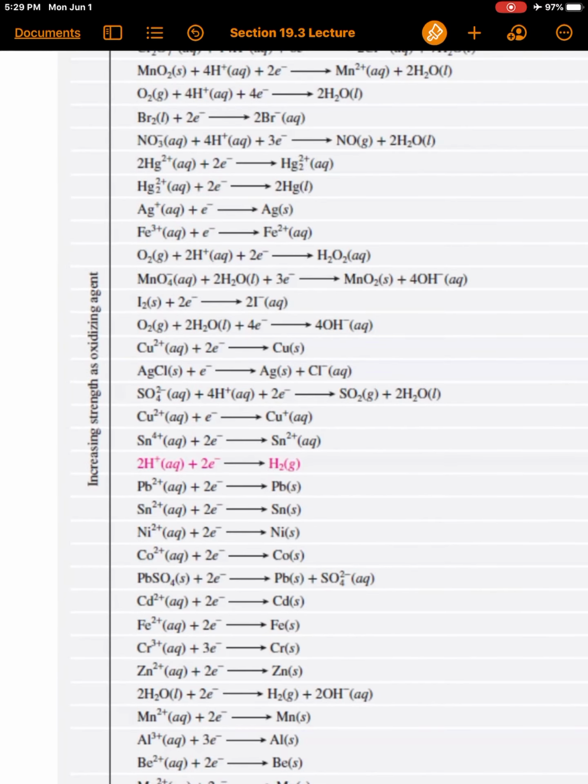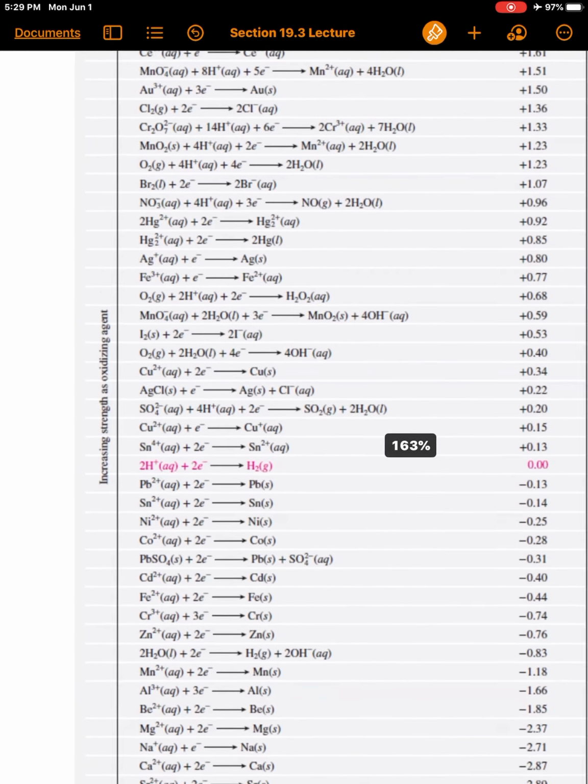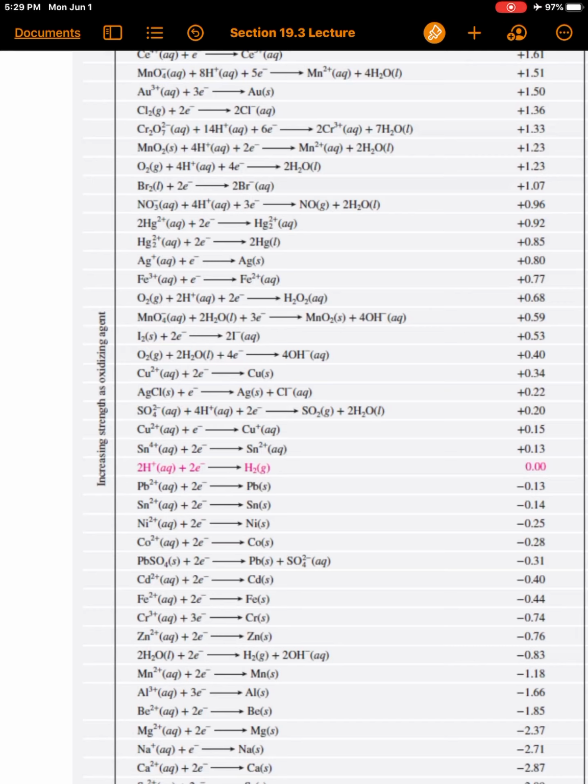hydrogen is there. See? Hydrogen written as a half reaction. And it is given arbitrarily a standard reduction potential of 0 volts. So hydrogen is called 0. So what that means is anytime you connect another metal to it, whatever voltage you measure, that's the standard potential of that particular metal relative to hydrogen.